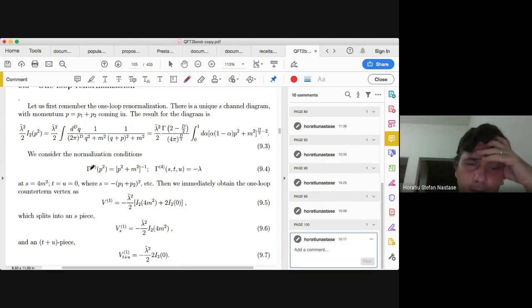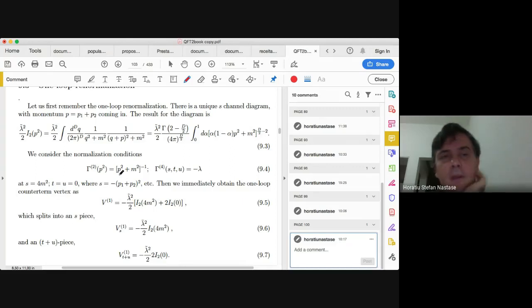Oh no, sorry. Yeah, I'm talking about the counterterm. So this is the Feynman diagram, and the counterterm is with a minus, right? All right. So this is our one loop counterterm vertex.